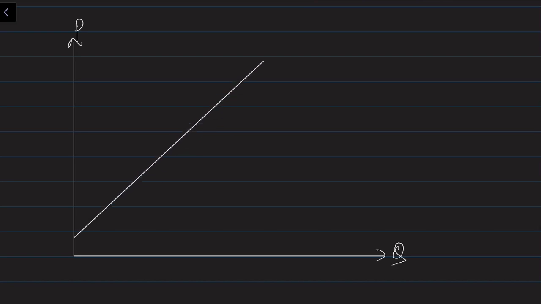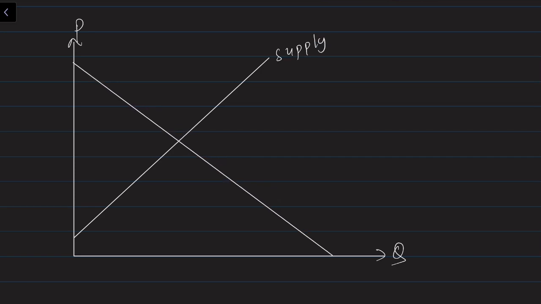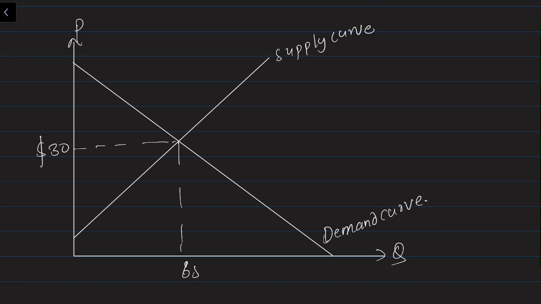Let's say this is the supply curve and this is the demand curve. Let me also write the equilibrium price and quantity. Let's say this is $30 and this is 65 units, that is the equilibrium quantity.